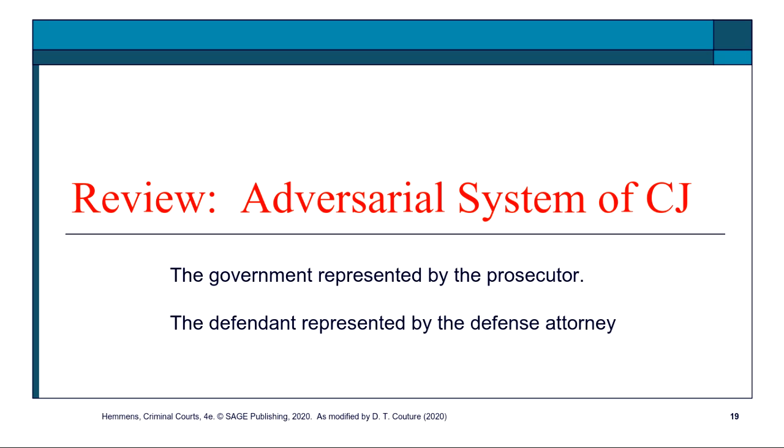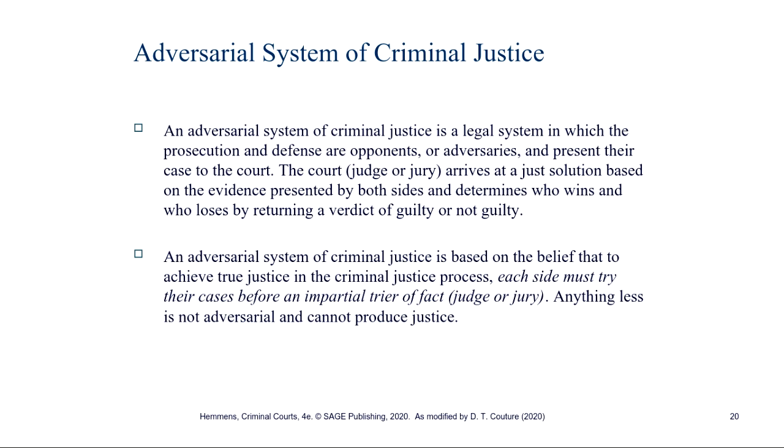Adversarial system. This process is adversarial. The government's represented by the prosecutor, the defendant's represented by the defense attorney. Their opponents, they have different jobs to do. We talked a lot about the roles and responsibility and ethical parameters and guidelines and standards governing the conduct of prosecutors as well as defense attorneys in chapters 5 and 6.